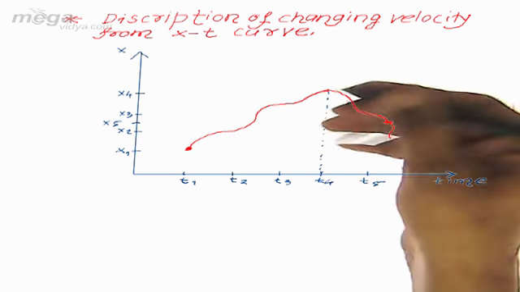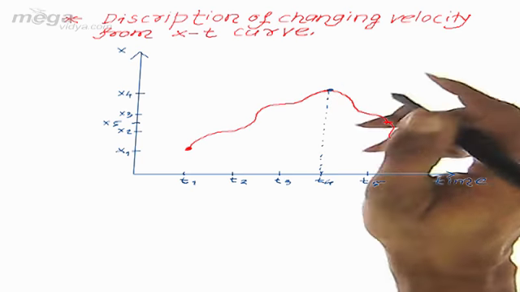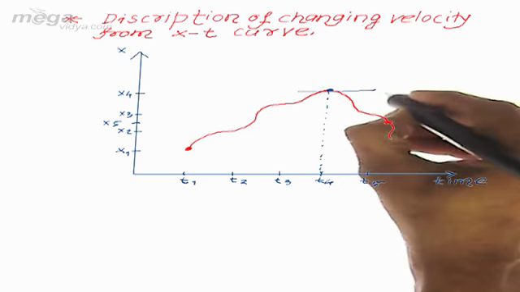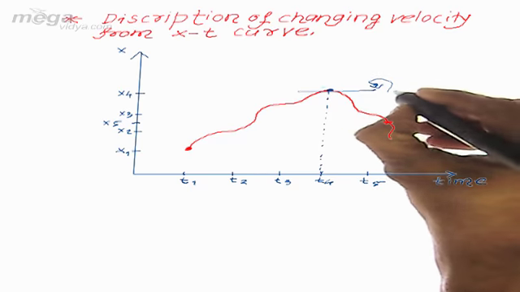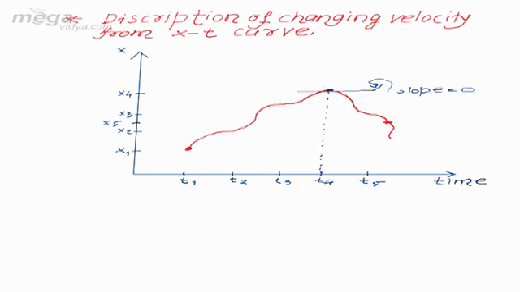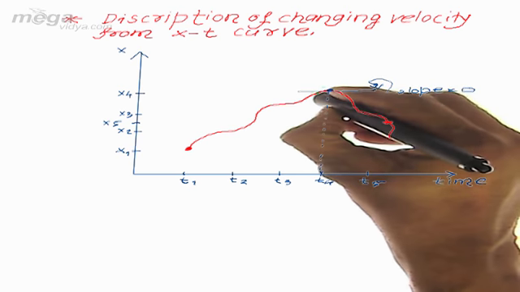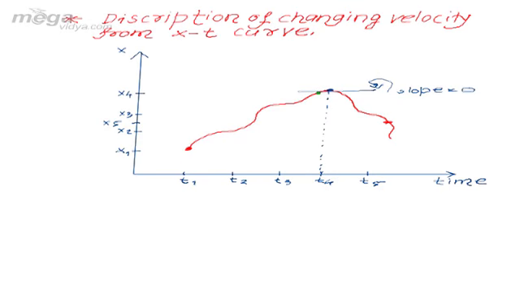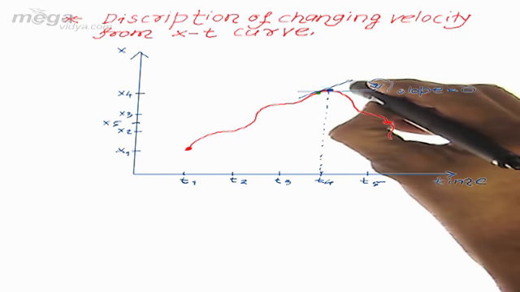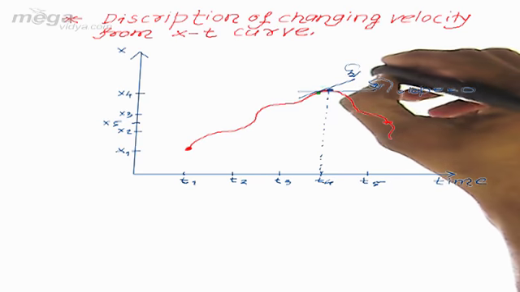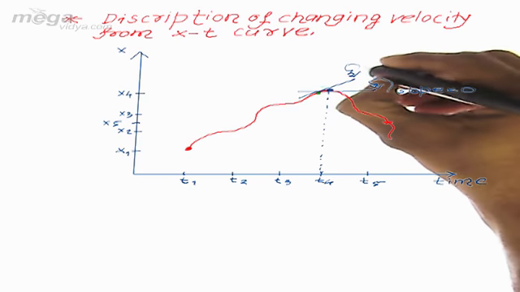We can easily say that the velocity at this time t4 is 0. That's why the tangent has slope 0 here, and the velocity of the particle is 0. If we talk about a point an instant before, at this point of the curve, no doubt the velocity is positive because the angle made by this tangent with the positive time axis is positive.